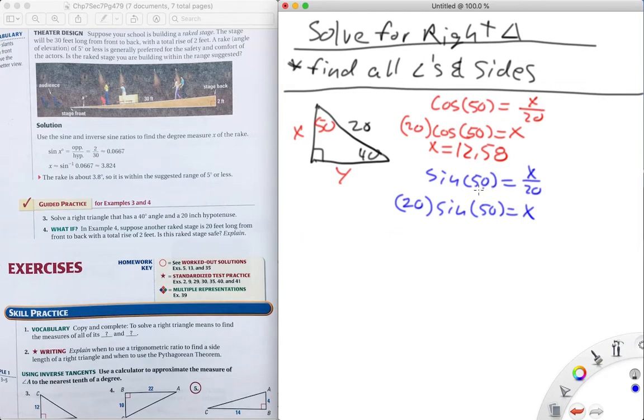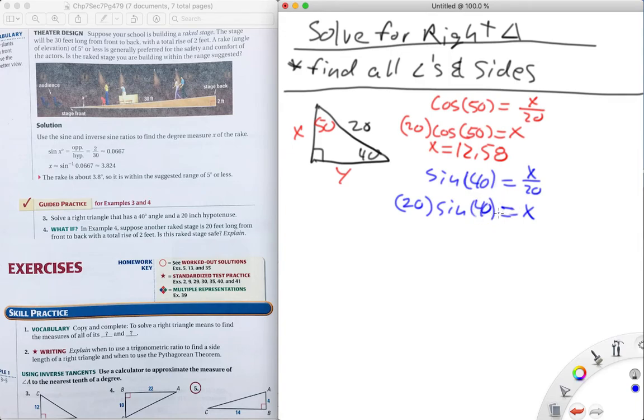It's slightly off. Oh, that's why, because it's sine of 40. My bad. Sine of 40 would have gotten me the same answer.